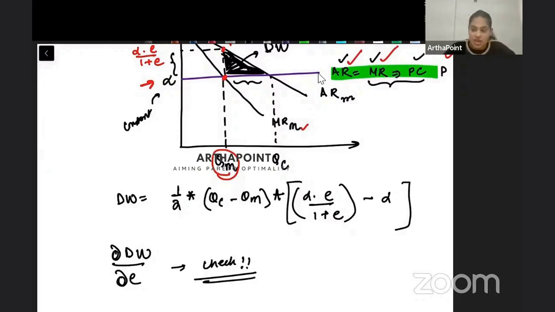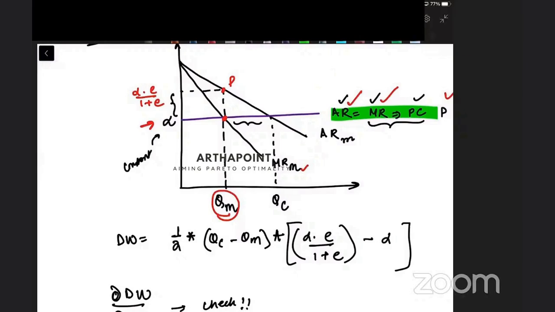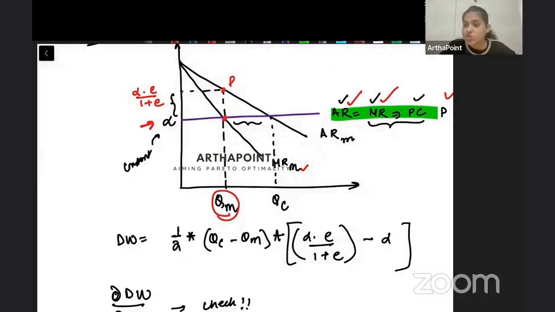So we understand that this consumer surplus is much more for a perfectly competitive firm. And this is true because the perfectly competitive firm is going ahead and selling at marginal cost. It's not making any profit. So it is selling to more people at a lower price. Therefore, it is making consumers happy.